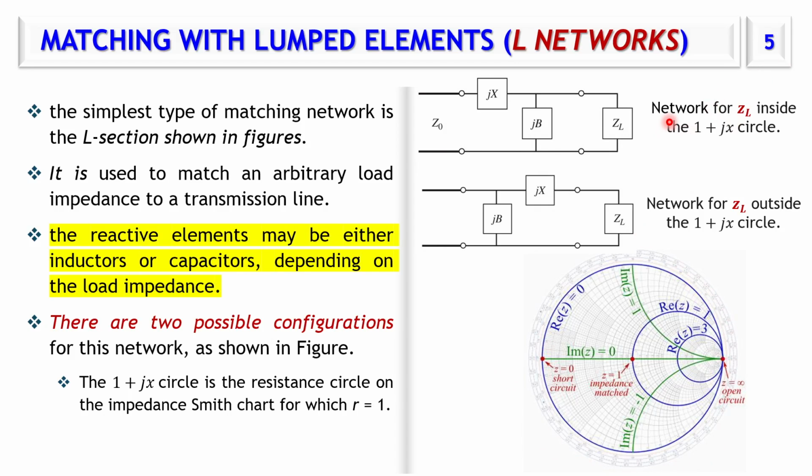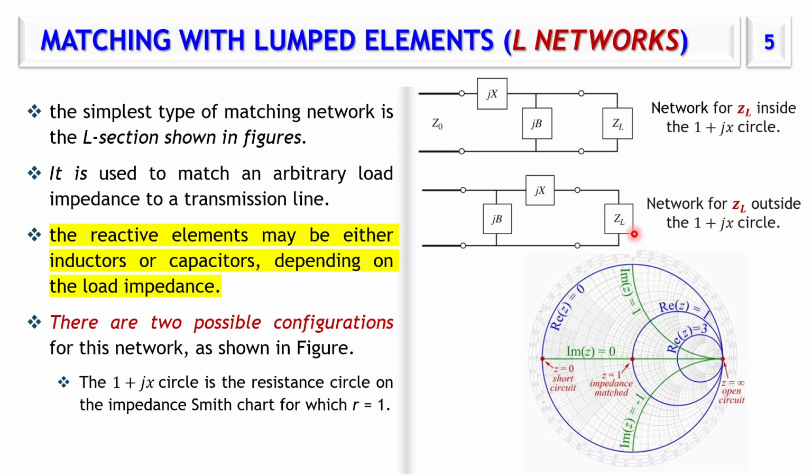So here we're talking about the load being inside this circle. It means the load has a real part that's greater than or equal to 1. The relative load impedance is equal to or greater than 1. So we use series then shunt.